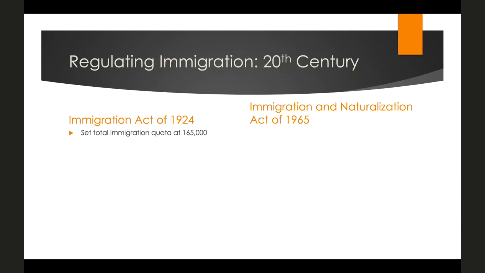And so the total quota set by the law was 165,000 for countries outside of the Western Hemisphere, which was an 80% reduction from the pre-World War I average. There were also national quotas that were set based on 2% of the U.S. population from that country, as recorded in 1890.